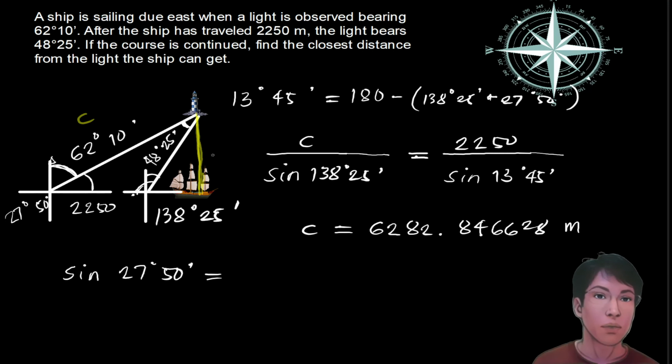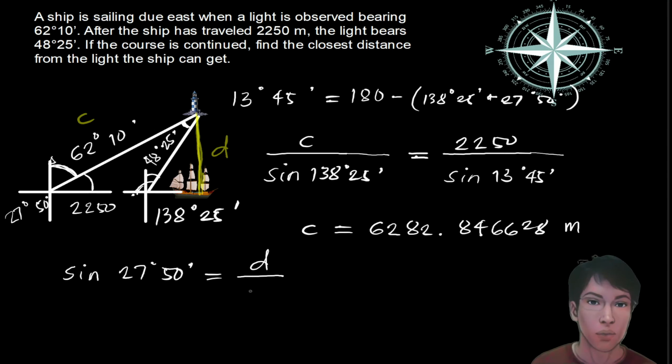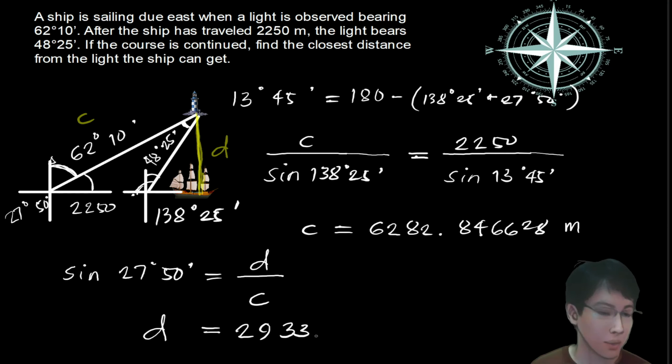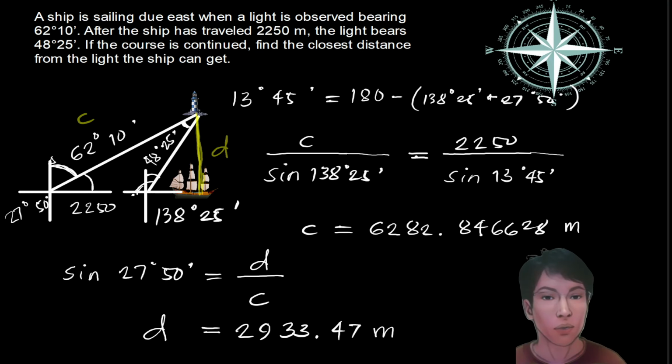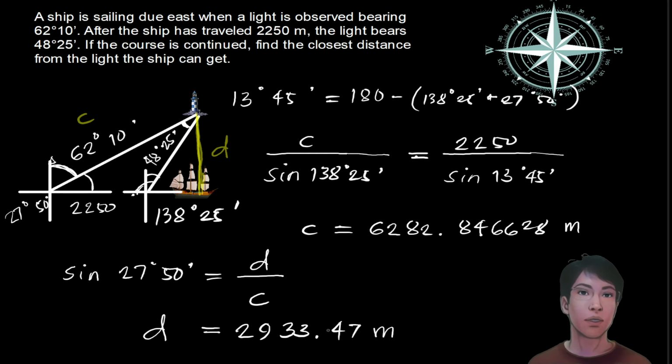Opposite, so let me designate that as distance D. D over the hypotenuse, which is C, and C is this value. So D is 2933.47 meters. And that is the closest distance that the ship can get from the lighthouse, from the light.